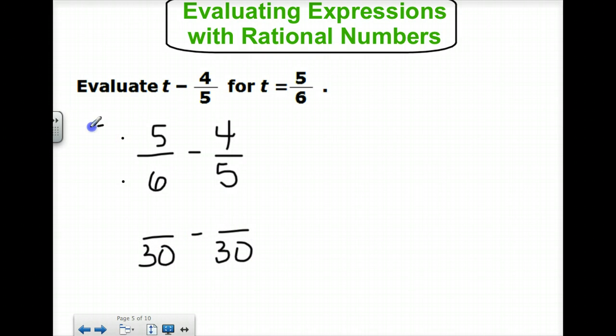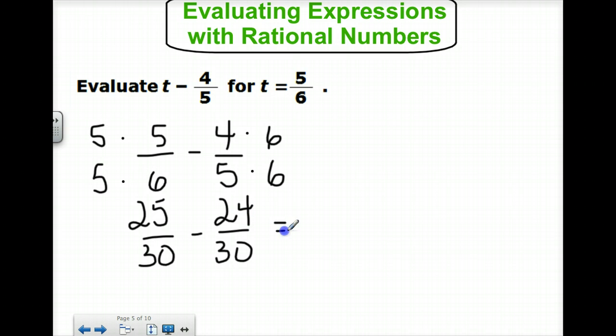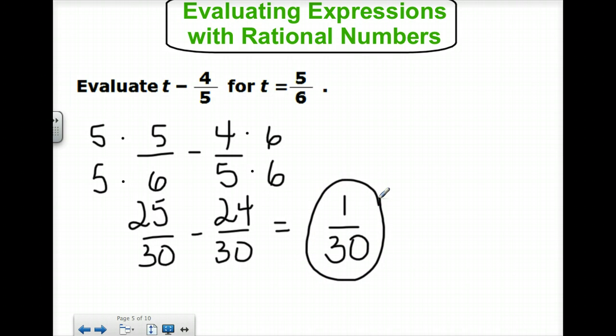I multiply my first fraction by 5/5 and my second fraction by 6/6. 25 and 24. And that's a nice, neat problem. No regrouping, no negative numbers.